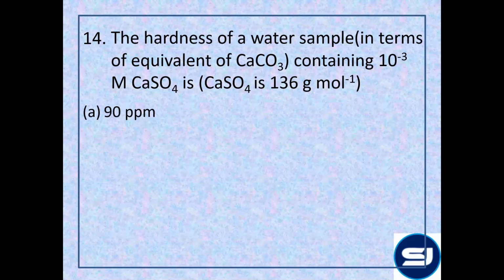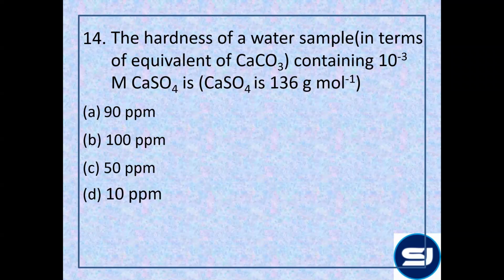The hardness of water sample in terms of equivalent of CaCO3 containing 10 raised to -3 molar CaSO4 is, and the molar mass of CaSO4 is given. Now for degree of hardness, I had given a simple shortcut formula. Can you help me with that? Yes.